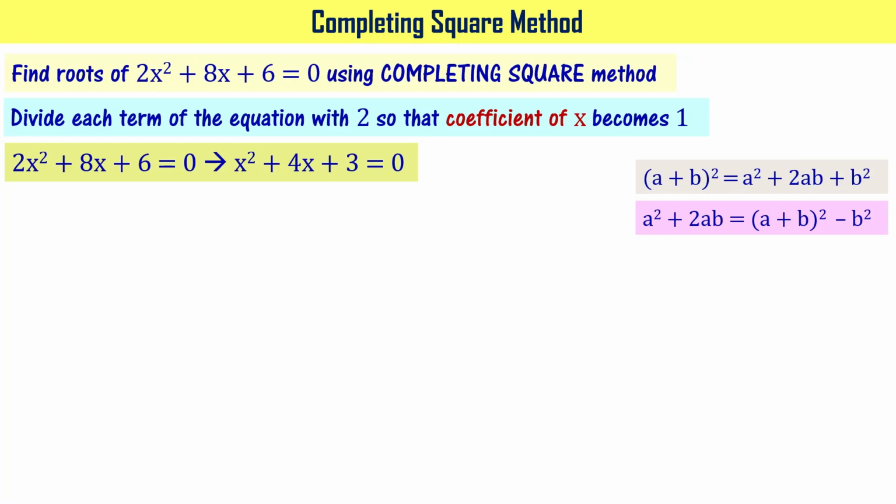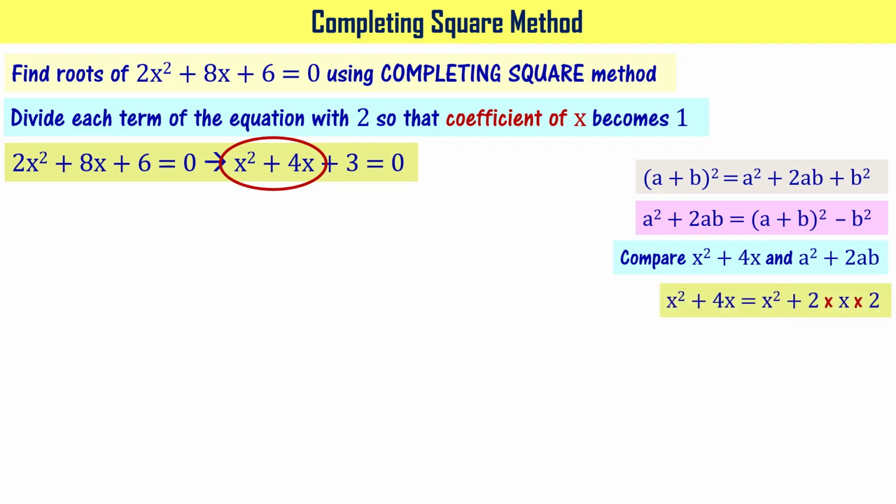We know that a plus b whole square equal to a square plus 2ab plus b square, right? I can write a square plus 2ab as a plus b whole square minus b square, right? Now what I do is I try to compare x square plus 4x with a square plus 2ab. To do that, let me first write 4x as 2 times x times 2.